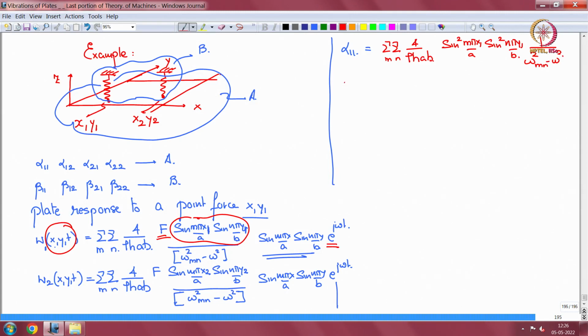Then what is alpha 2 1, the response at 2 with a force at 1? Okay. Then this becomes x2 y2, right.